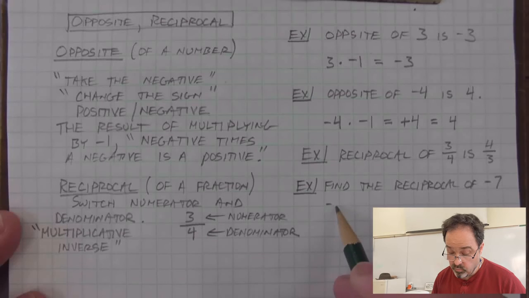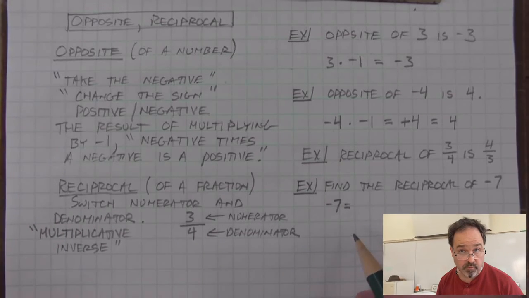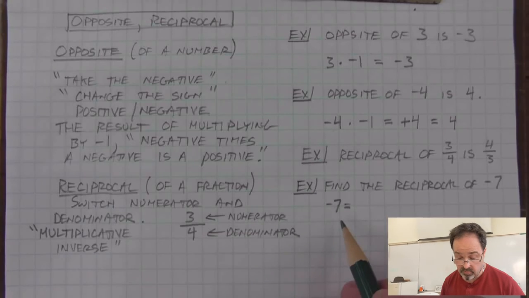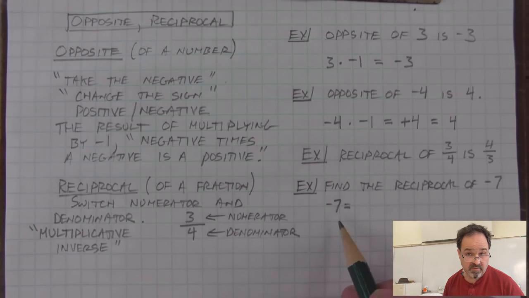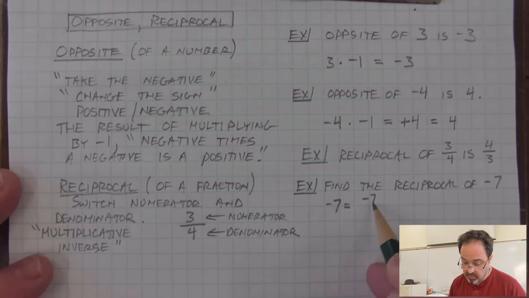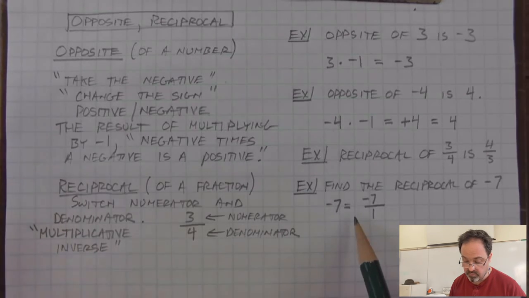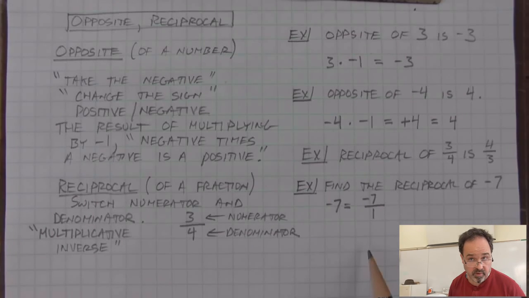So we need to consider first -7 in fraction form. -7 is a decimal number. Its sign is negative. But we can show it as a fraction by dividing by 1. Dividing by 1 doesn't change the quantity. So -7 is equal to -7 divided by 1.